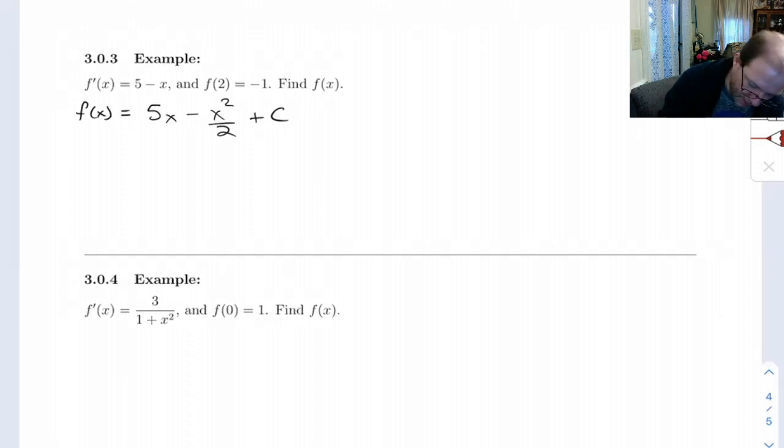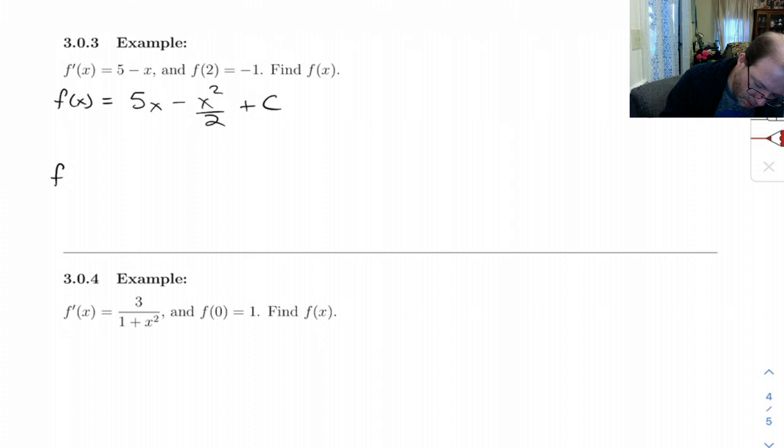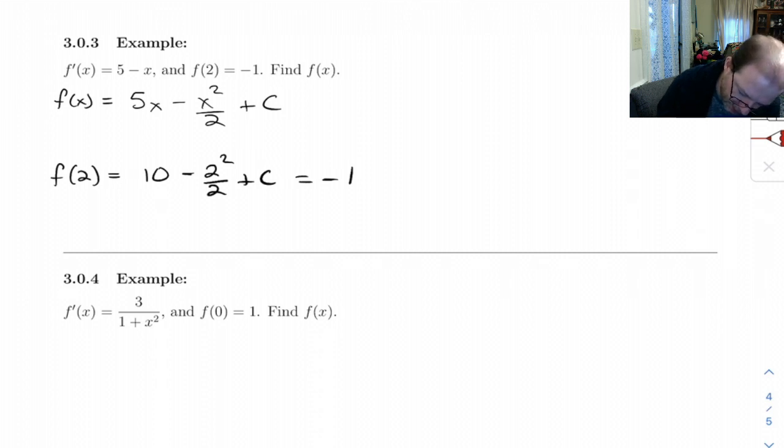All right, so f of 2 is going to be 5 times 2 is 10 minus 2 squared over 2 plus c equals negative 1. So let's see, this is 10 minus 2 squared over 2. So that's 8 plus c equals negative 1. So that gives me c equals negative 9.